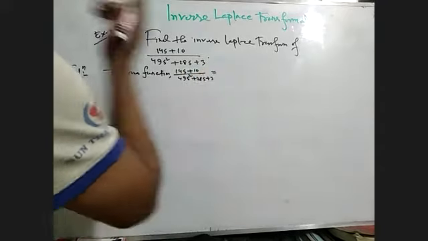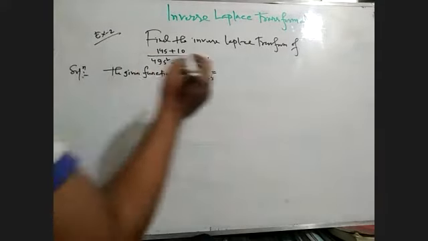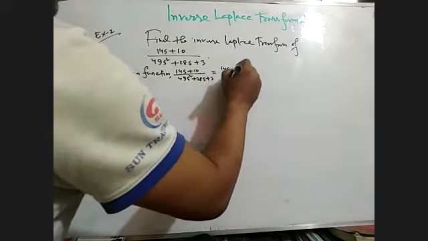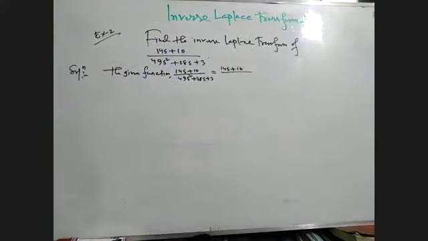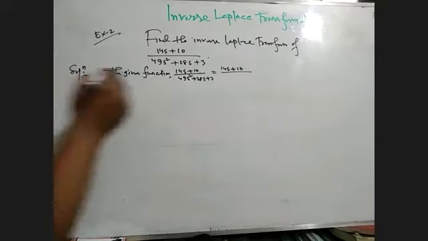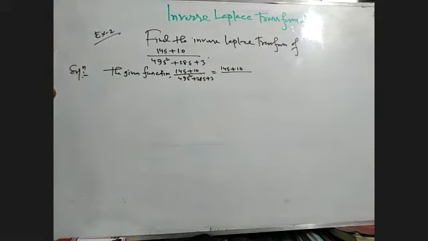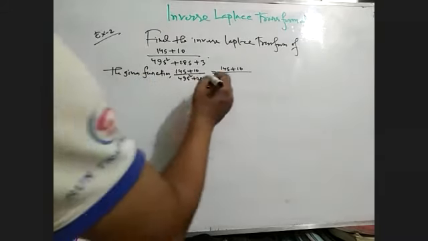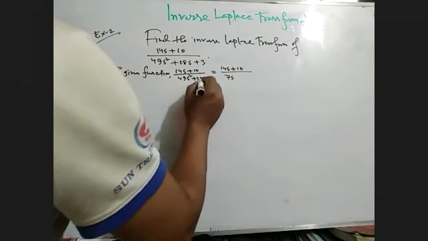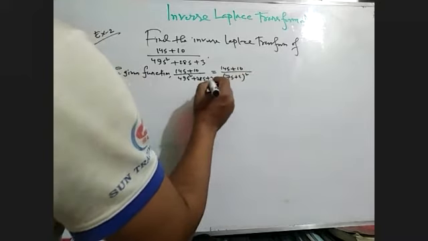This can be written as 14s plus 10 divided by 49s square plus 28s. 49 means 7s whole square, so we can make a perfect square like this: (7s plus 2) whole square plus 9.